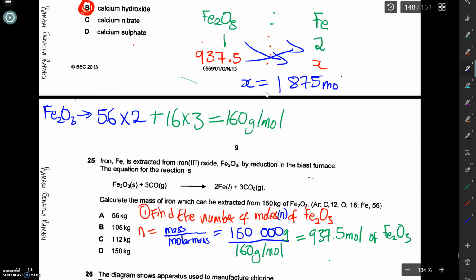So you have 1875 moles of iron, moles of Fe, right?